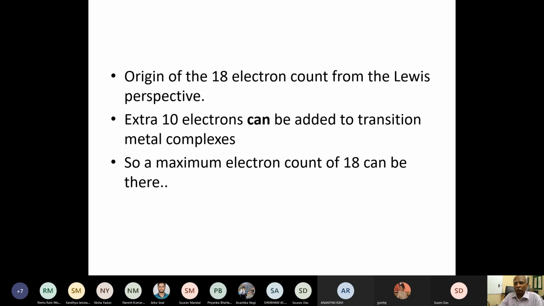If I have a main group element, I have ns plus np. np can accommodate 6 electrons, ns can accommodate 2 electrons. So a total of 8 electrons can be accommodated in the main group element. That's the origin of the octet rule.